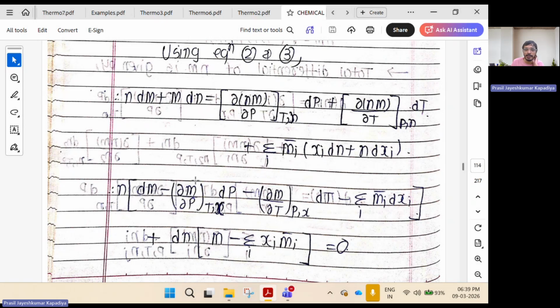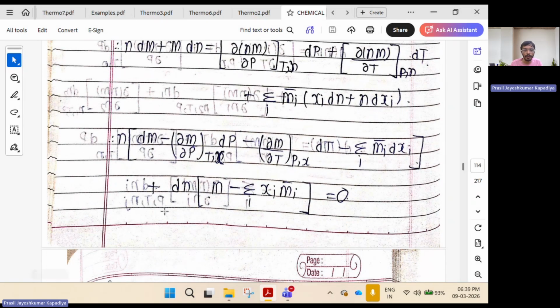So it is dm minus del m del p dp minus del m del t dt. And here there is one more term with n, that is summation over i of mi bar dxi, plus the terms multiplying dn. So dn has one coefficient m, and the other is summation of mi bar xi. So this whole relation turns out to be 0.